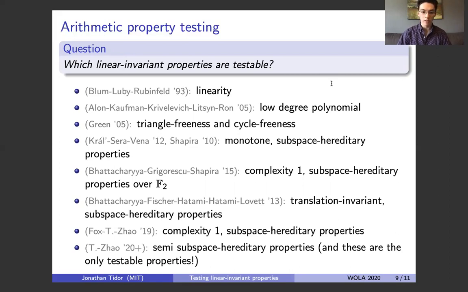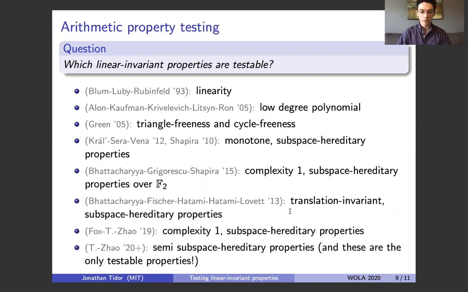For example, we have the result of Bhattacharya, Fisher, Hatami, and Lovett from 2013 that says a subspace hereditary property is testable if and only if it is translation invariant and also bounded complexity, which is missing from the slide.